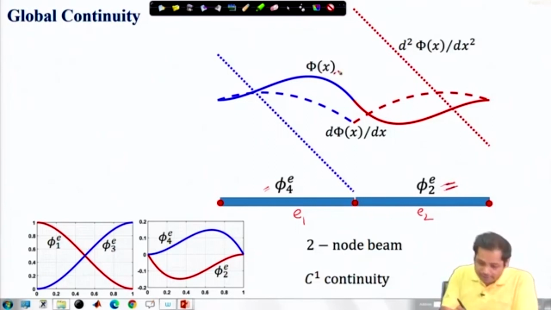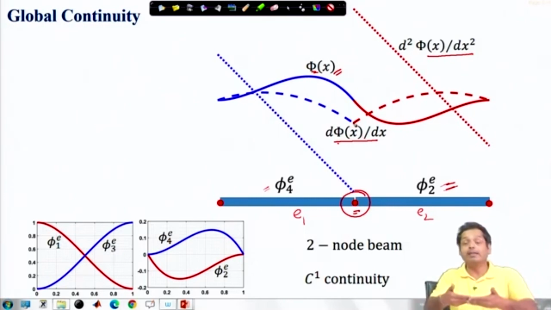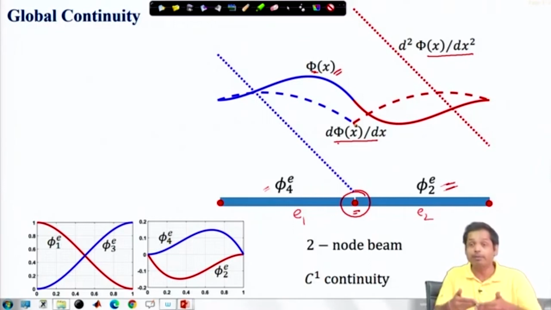Now this is phi x, the global shape function at the common node, which is continuous. This is the first derivative and this is the second derivative. Now we see that the first derivative is continuous at the inter-element boundary, at the node connecting two elements, but the second derivative is not continuous. So this is C1 continuity.